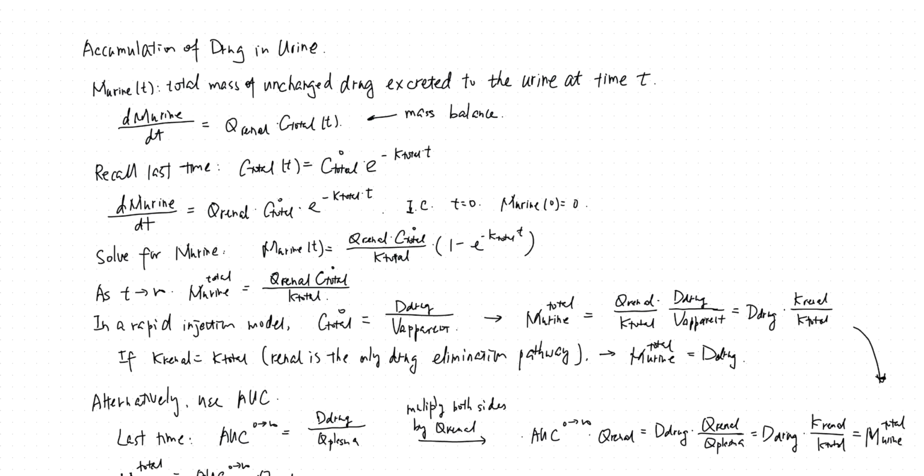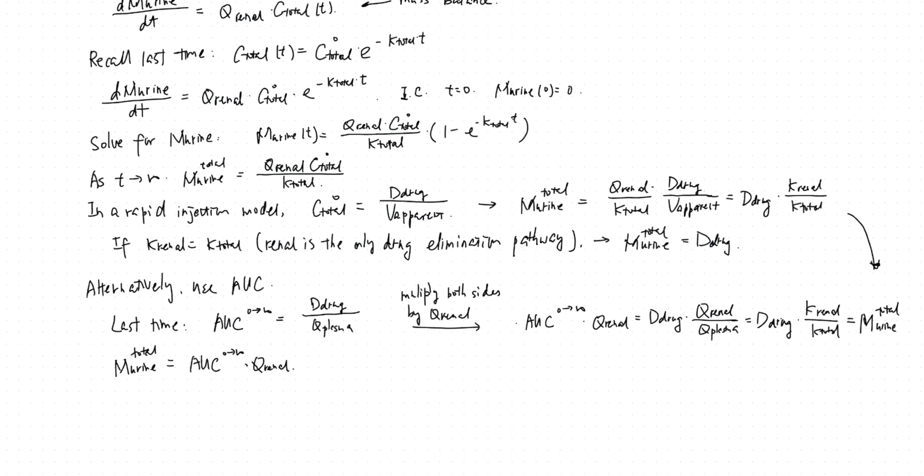If we consider the rapid injection model, we can estimate C total, or the initial condition C total naught, and then manipulate the terms to get an expression that helps us identify the total accumulation of drug in the urine.